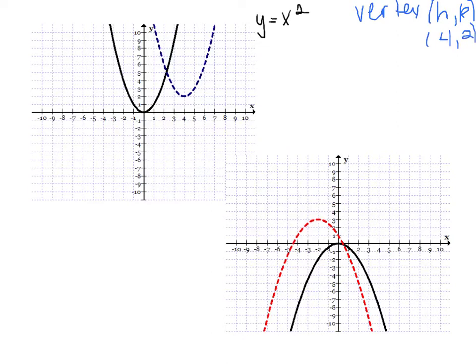My equation, y minus k, is equal to, the coefficient a is just 1, so we can leave it as nothing there, x minus 4 squared.